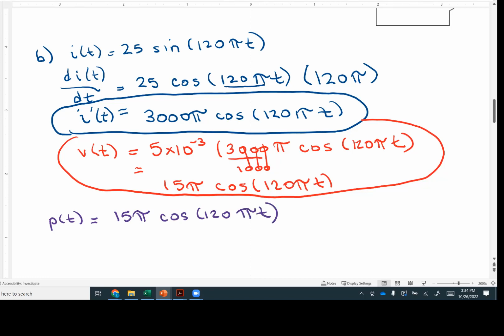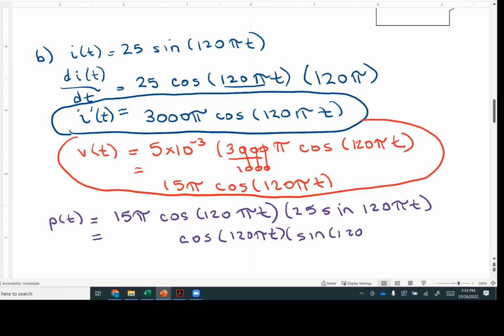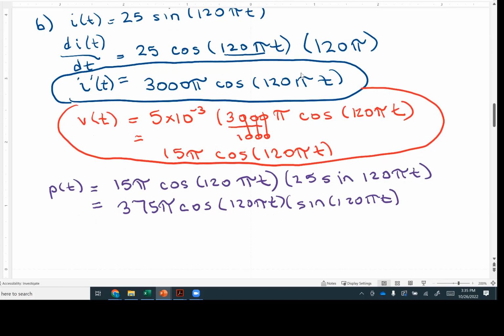And I of t is 25 sine of 120 pi t. And I get cosine of 120 pi t times sine of 120 pi t, with 375 pi. Still not too terrible, right?